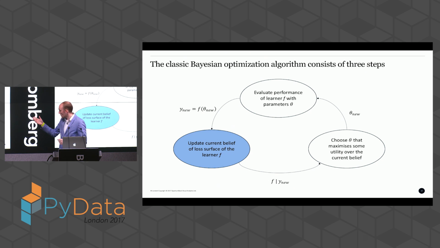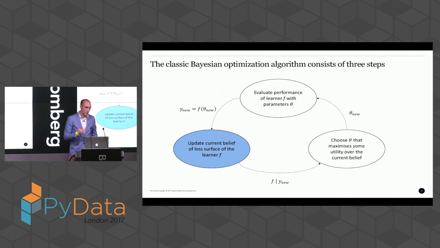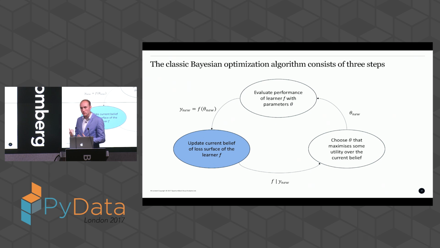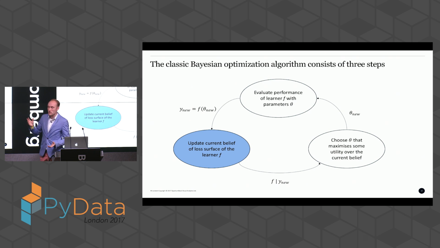But now we'll focus first on this. What we do in Bayesian optimization is we use something called Gaussian processes to actually model the performance function. The reason why we call this particular algorithm a Bayesian optimization algorithm is that we use ideas from Bayesian statistics to build that model.